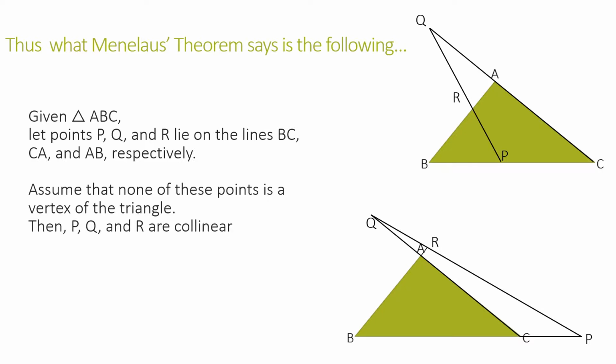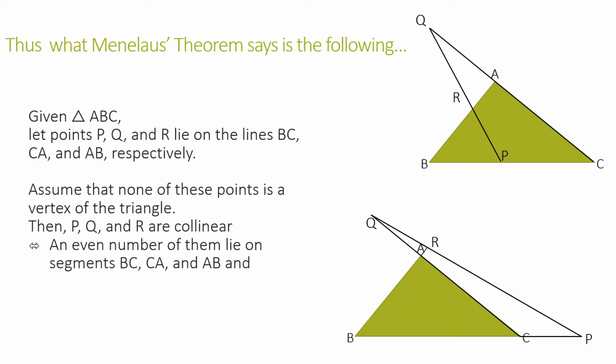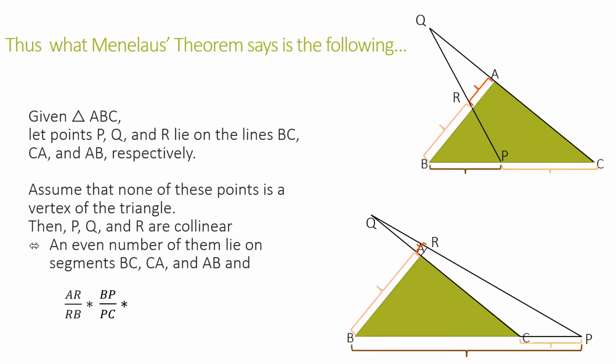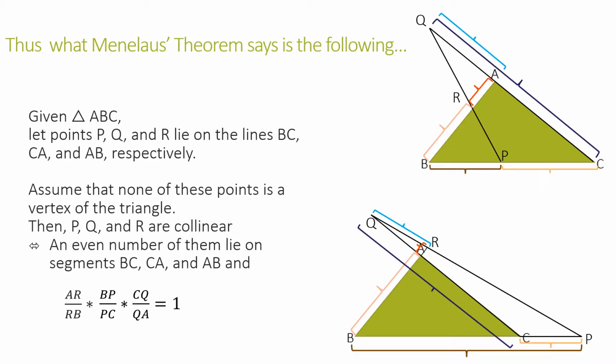Then P, Q, and R are collinear if and only if an even number of them lie on segments BC, CA, and AB, and AR over RB times BP over PC times CQ over QA equals 1.